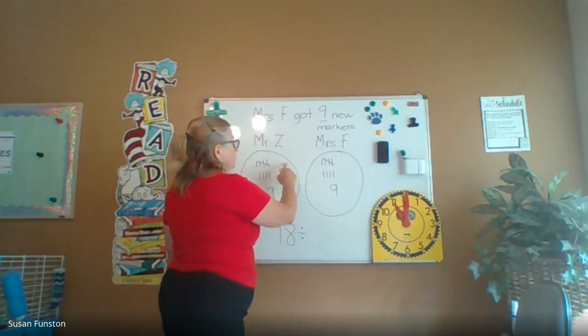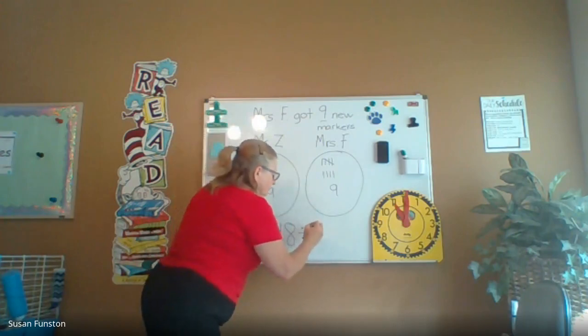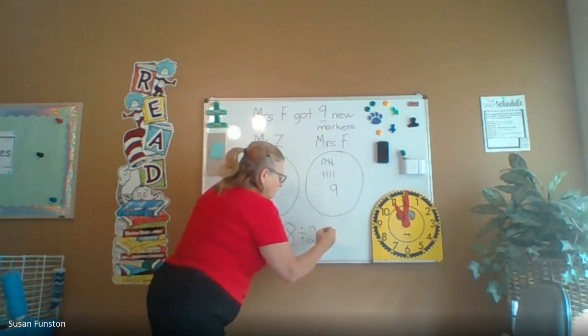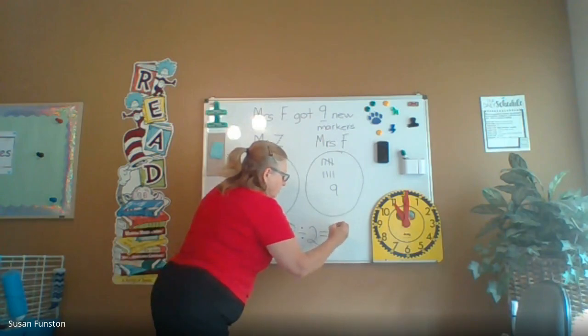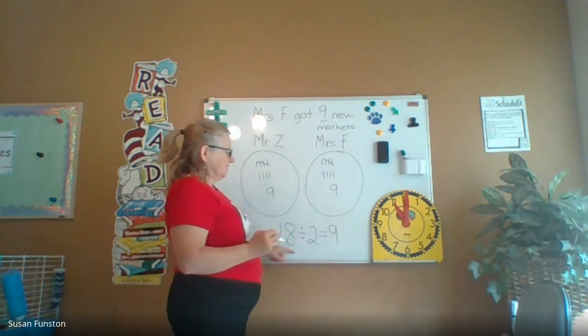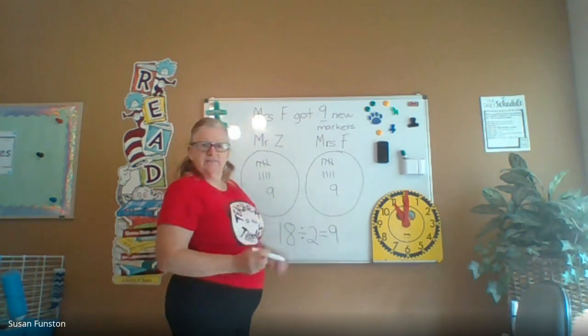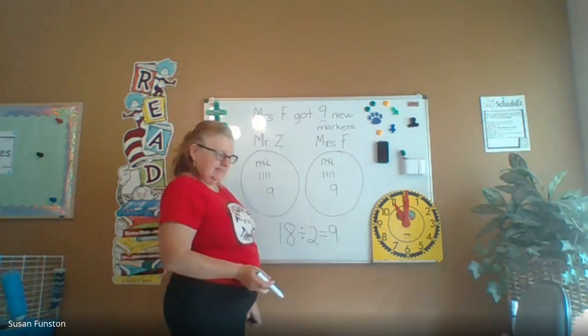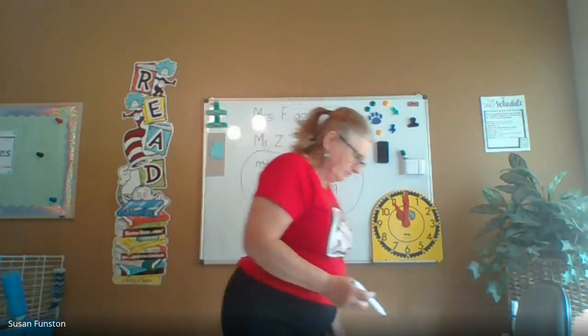I divided them into 2 groups. So 18 divided by 2 is 9. Simple stuff.